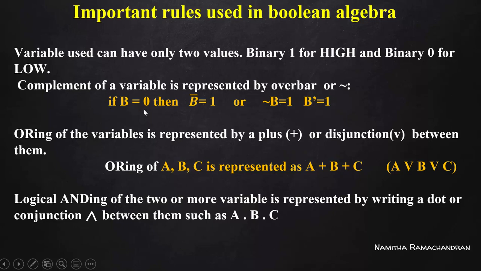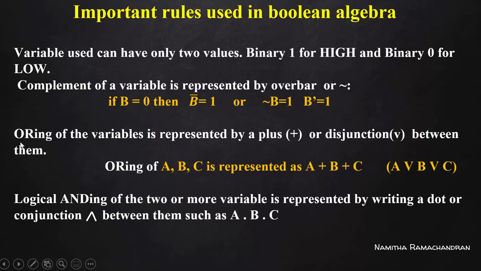If b equals 0, then its complement is represented like this, b bar, and its value is the complement of 0, that is 1. It can also be represented like this, tilde of b. And we can also use the single quote symbol for representing the complement of a variable. All these are valid representations for the complement.